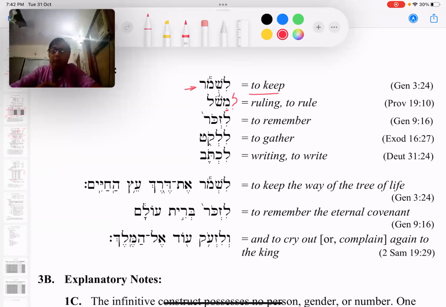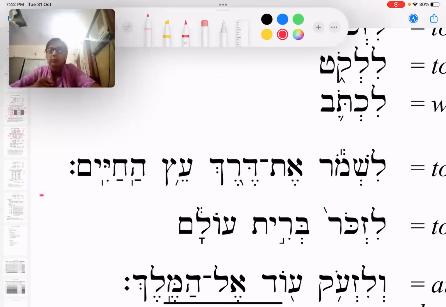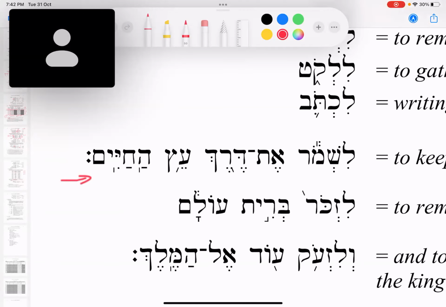Now see the uses of this infinitive construct over here. Read this line. Lishmor et derekh etz hachayim. Now see here. Lishmor.